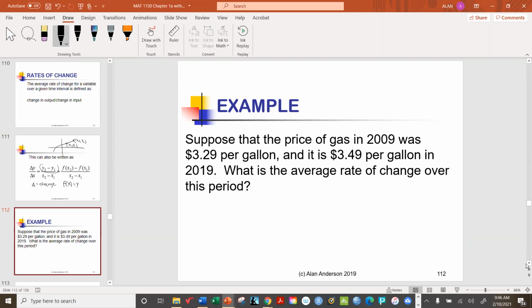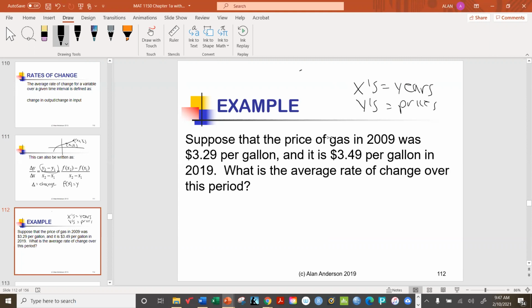Now, of course, it's possible that it went directly from one to the other, but we want to figure out what the average increase is per year over this 10-year period. All right, so in this case, the X's are the years, and the Y's are the gas prices.